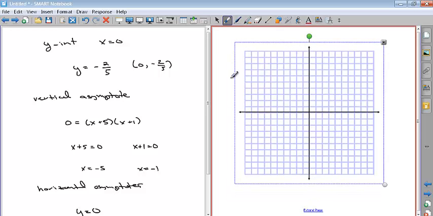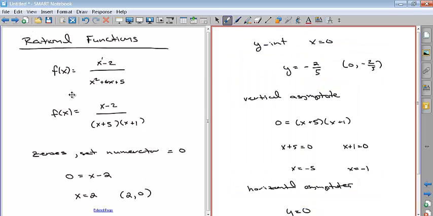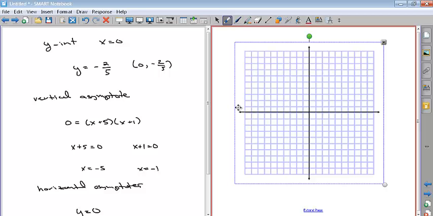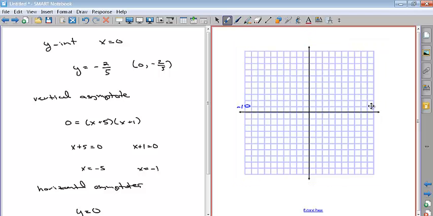So let's plot all this. In blue, I'm going to do the x-intercepts, which was only one x-intercept, which is 2. So it's 2 comma 0. And in this case, we'll go from negative 10 to positive 10 because that gives a little more accuracy. Okay, so the x-intercept was negative 2, so that's there.